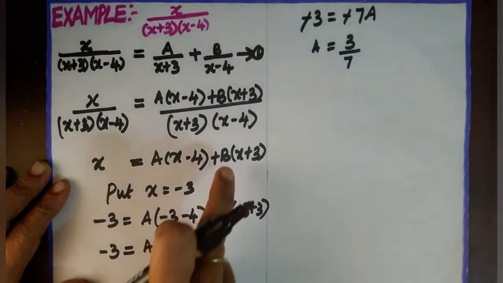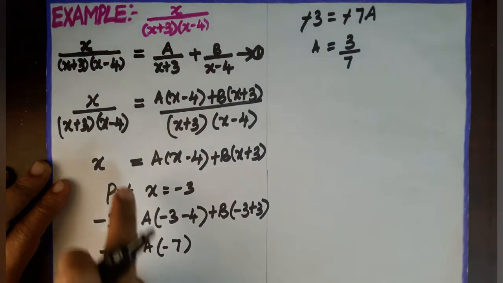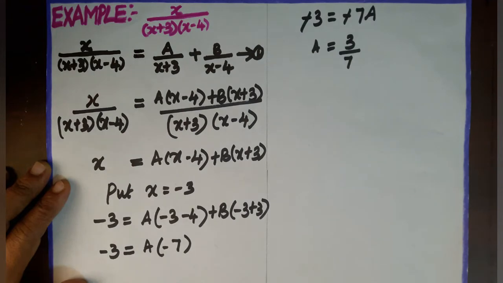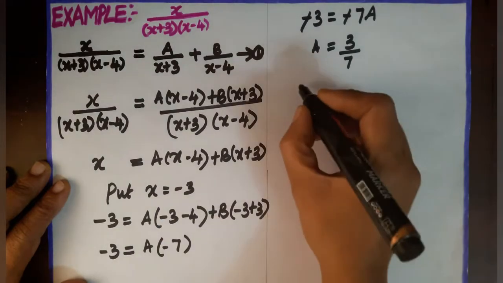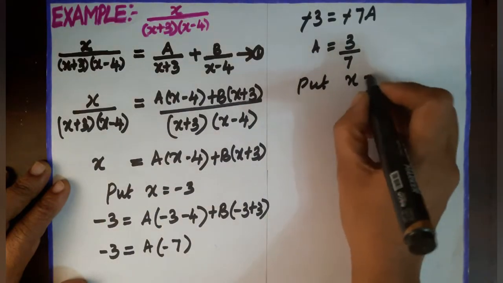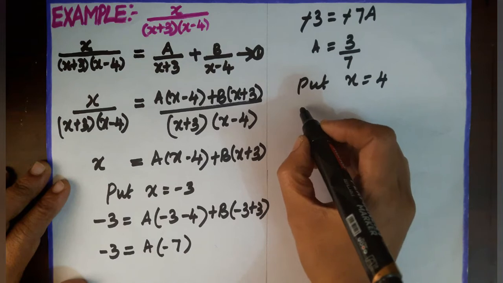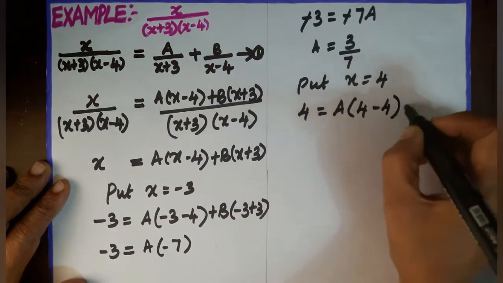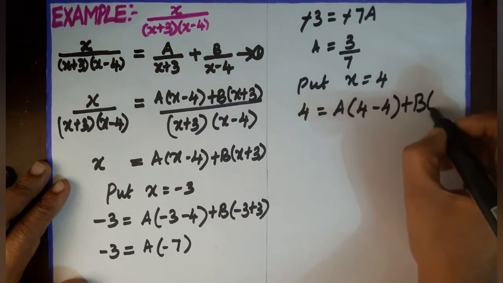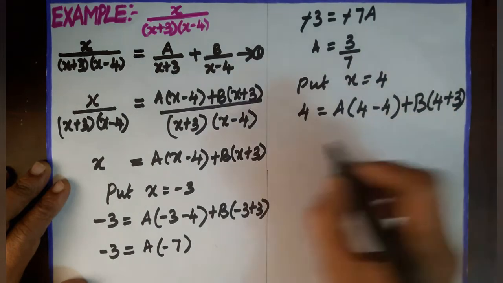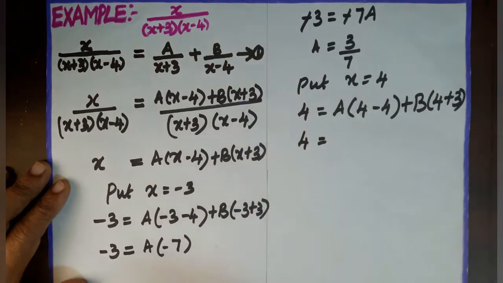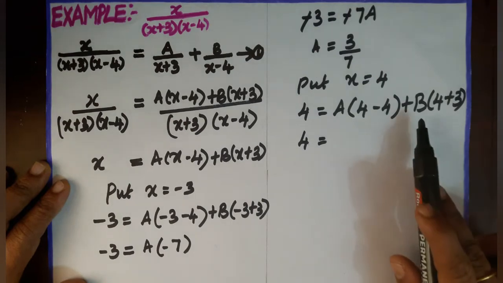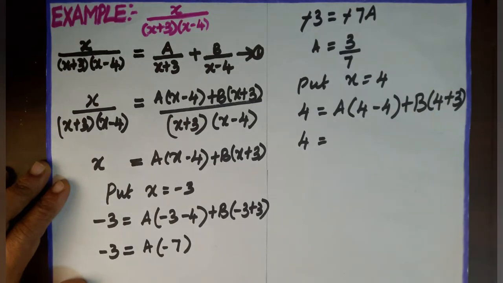Next we need to find B. To find B, we need to make the first term 0. So in this case, we need to select x value as 4. Put x equal to 4. Then we get 4 equal to A into 4 minus 4 plus B into 4 plus 3. 4 minus 4 will become 0, then the first term will become 0. In the second term we have B into 4 plus 3. 4 plus 3 is 7.